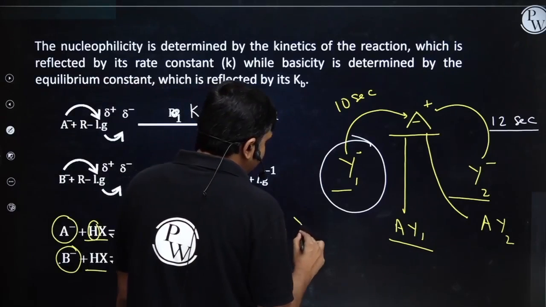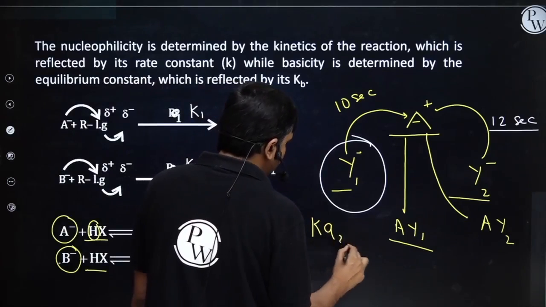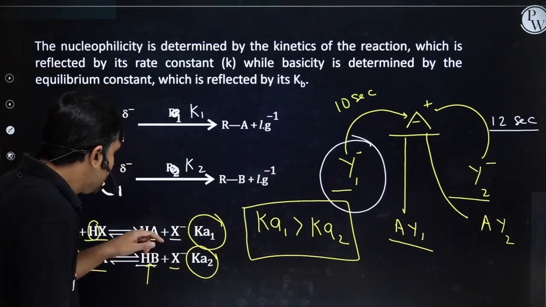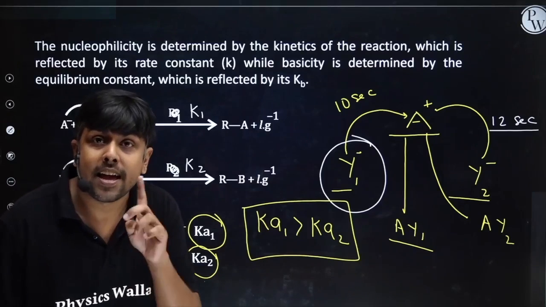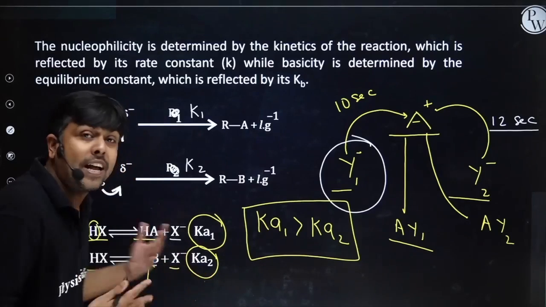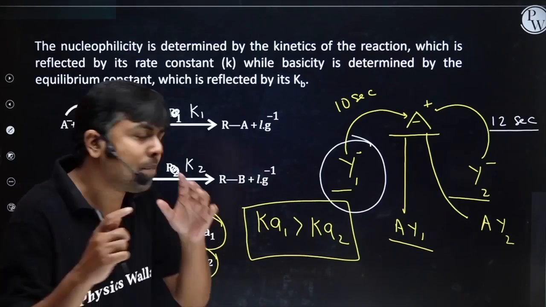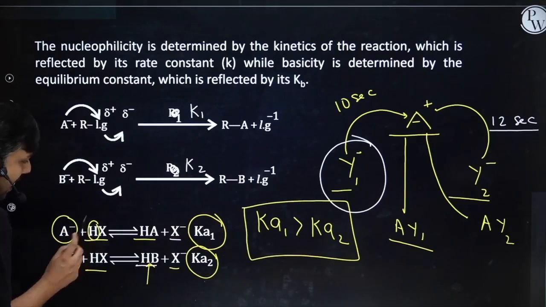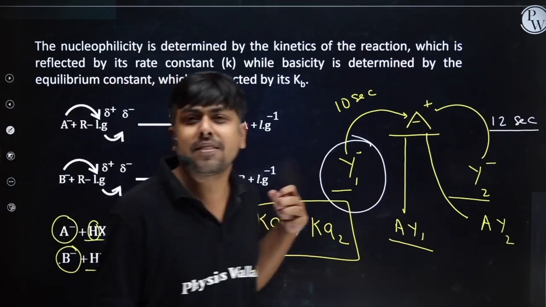If Ka1 is greater than Ka2, what does it mean? It means at equilibrium, the concentration of HA is more than that of HB. Means the amount of HA formed is more. And if the amount of HA formed is more, it means the maximum amount of H plus has been snatched from this acid.